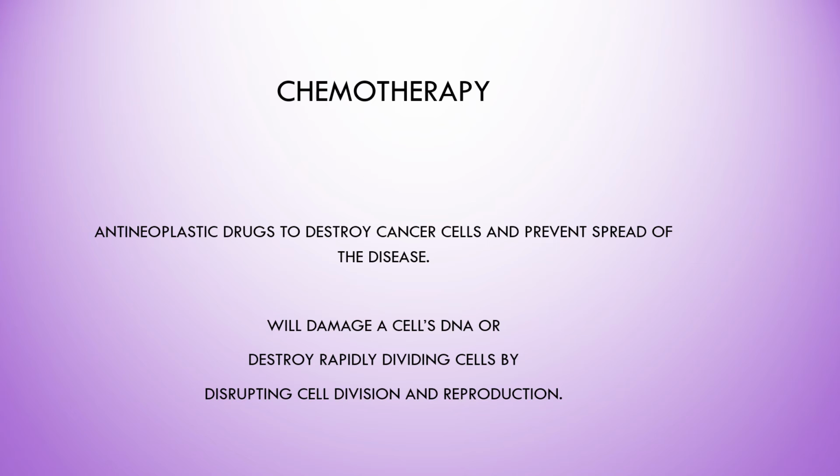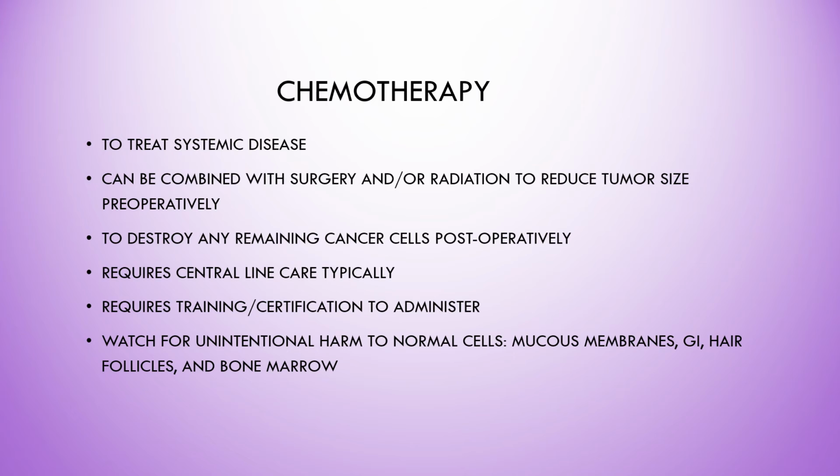Chemotherapy. So anti-neoplastic drugs, they destroy cancer cells and prevent the spread of the disease. So they will damage the cell's DNA or destroy rapidly dividing cells by disrupting cell division and reproduction. They're good to treat systemic disease. They can be combined with surgery and radiation to reduce tumor size preoperatively.